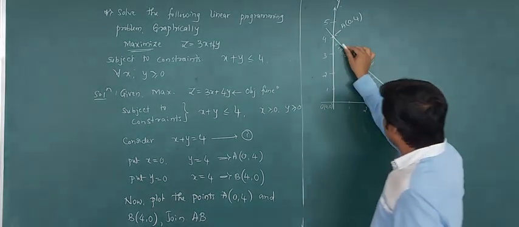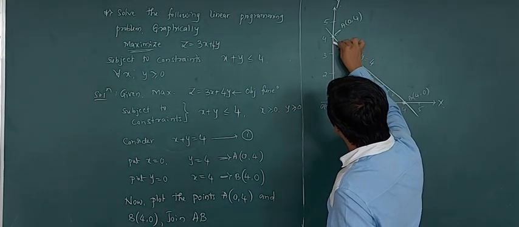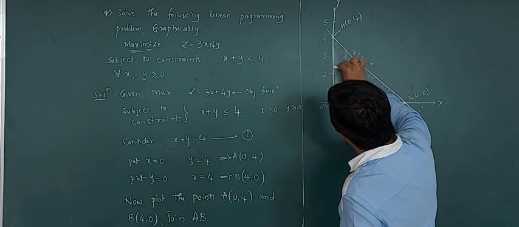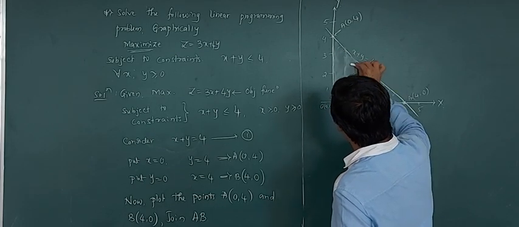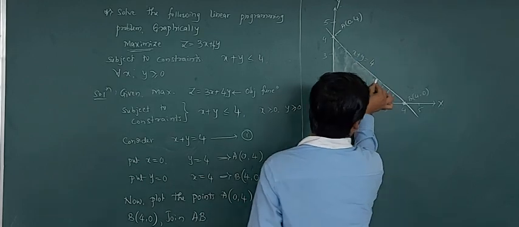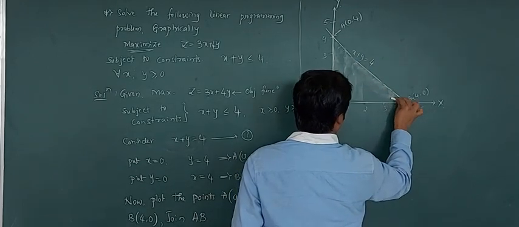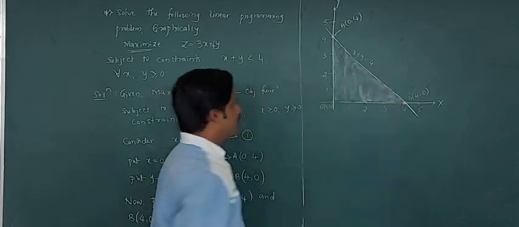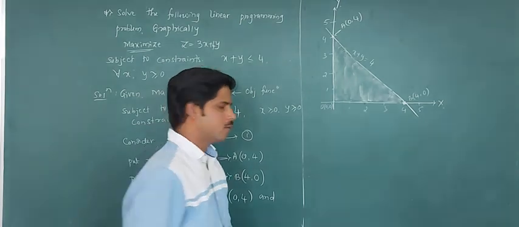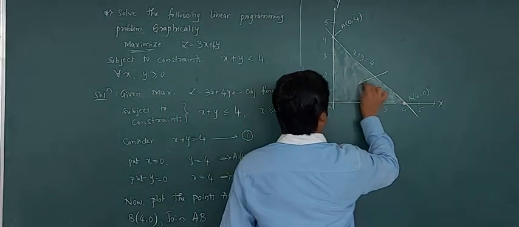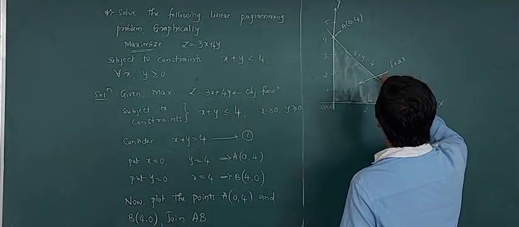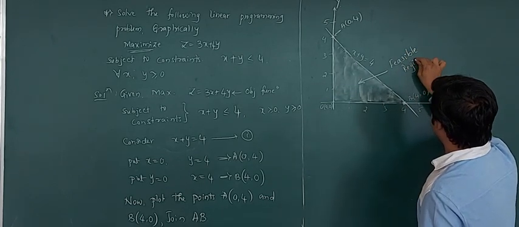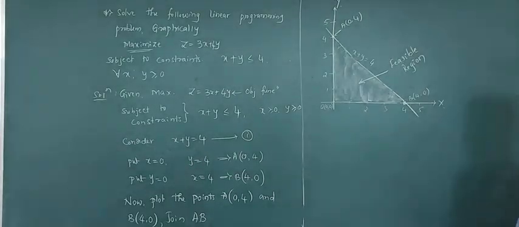So we have to shade this part. This shaded portion is called the feasible region.